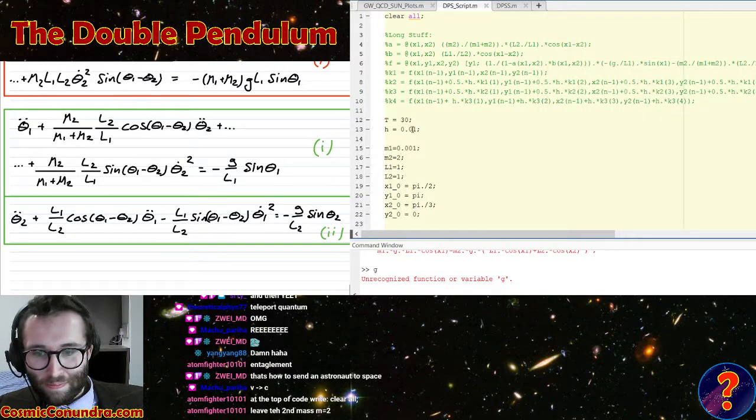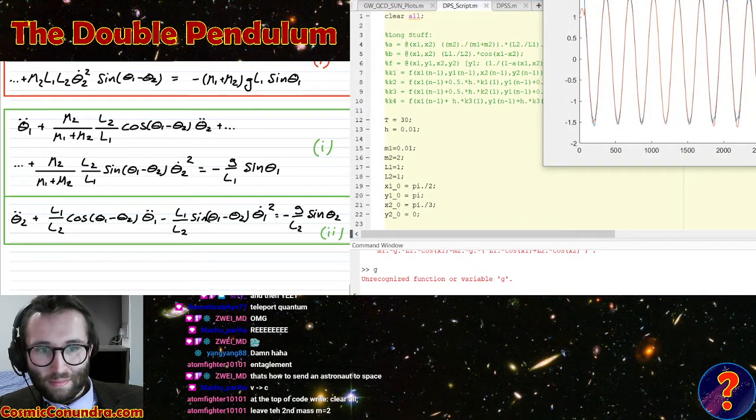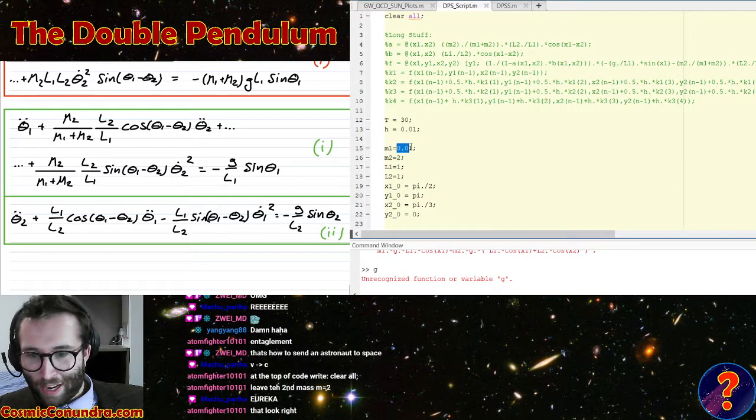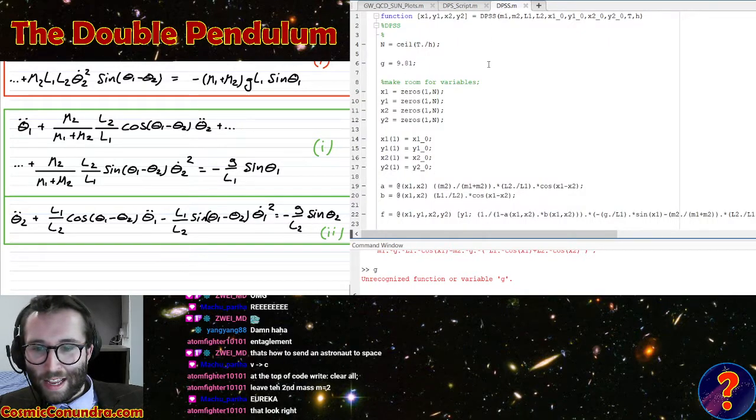That's very odd. Okay, what about 0.01? Okay, it doesn't mind that. Why? It seems to get grumpy when one of the masses is smaller than the time step. Now, is there a way of understanding that?